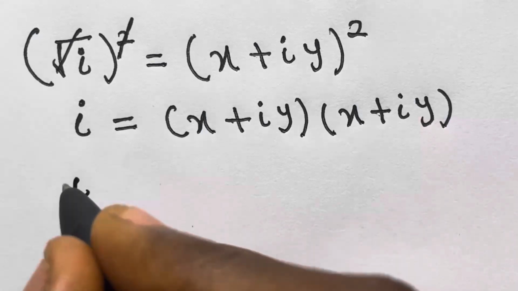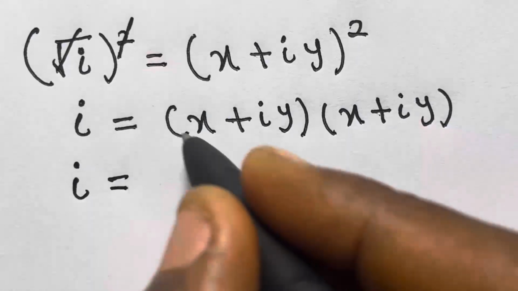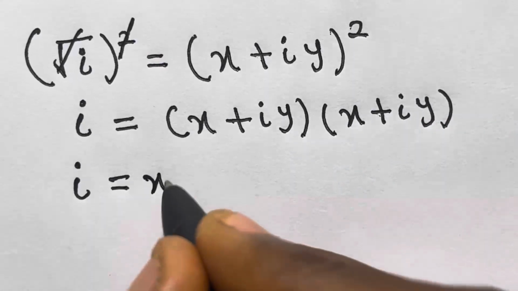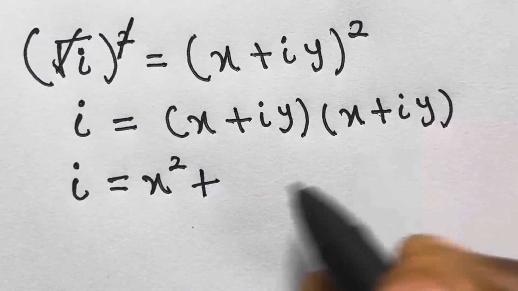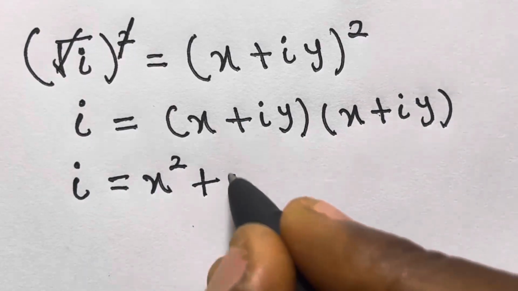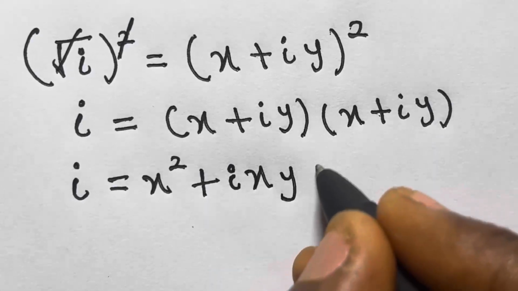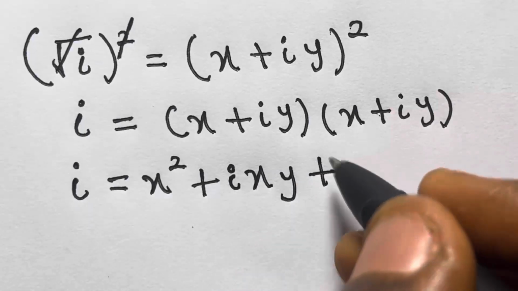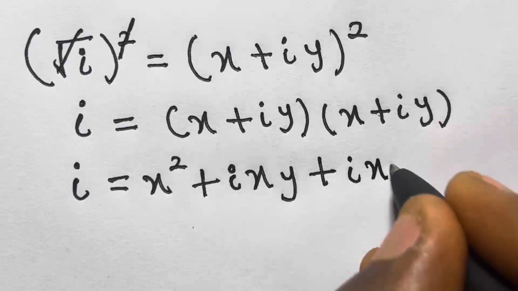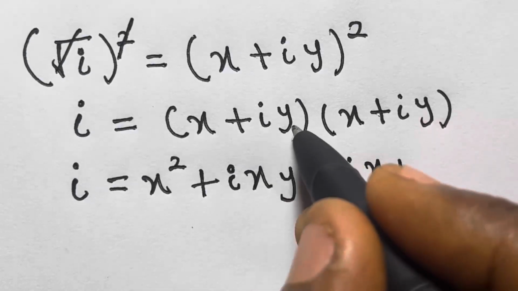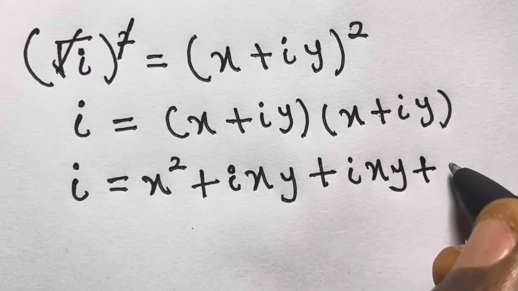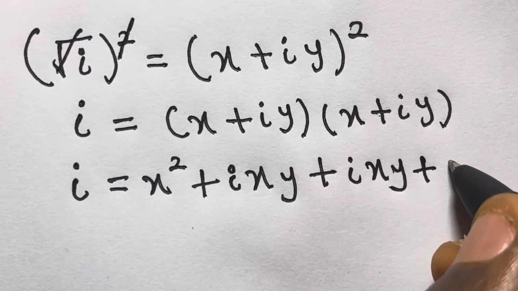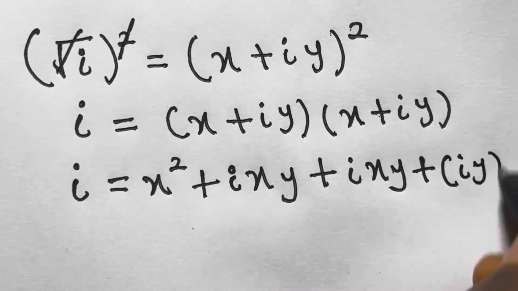So we'll have i equals x times x will give us x squared, plus x times iy will give us ixy, plus iy times x will give us ixy. Then iy times iy will give us plus i squared y squared.